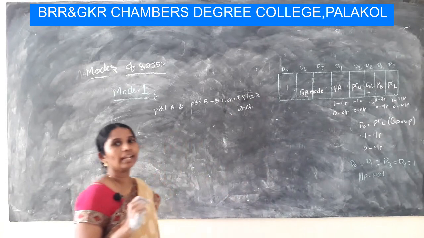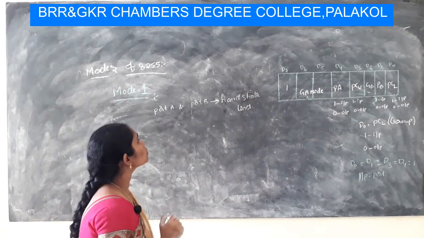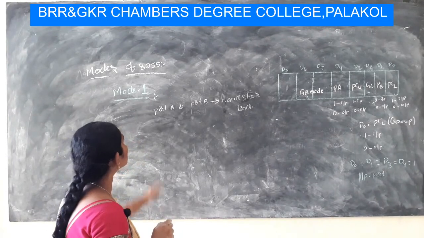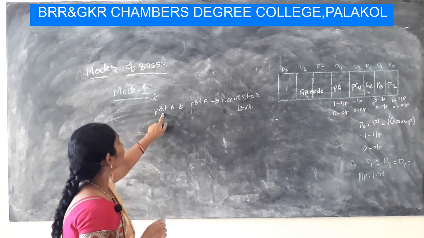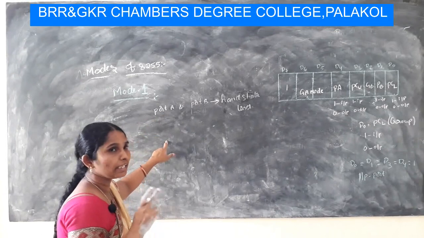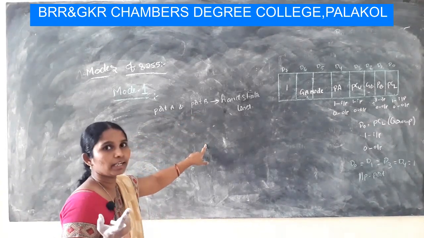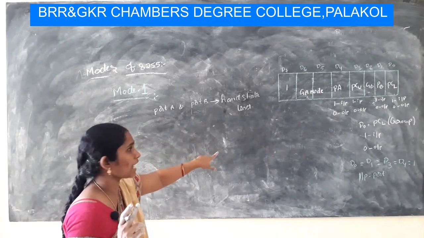The handshake lines means port A operates in one mode and port B operates in another mode. So that is nothing but handshake.